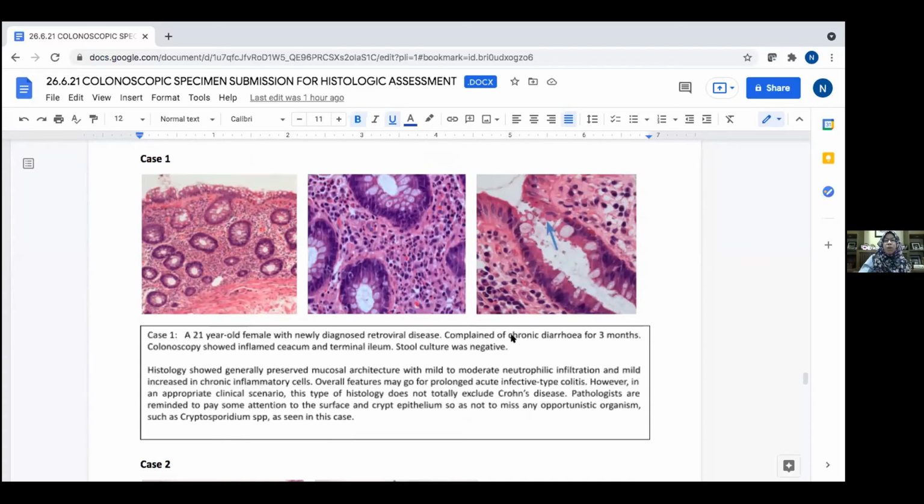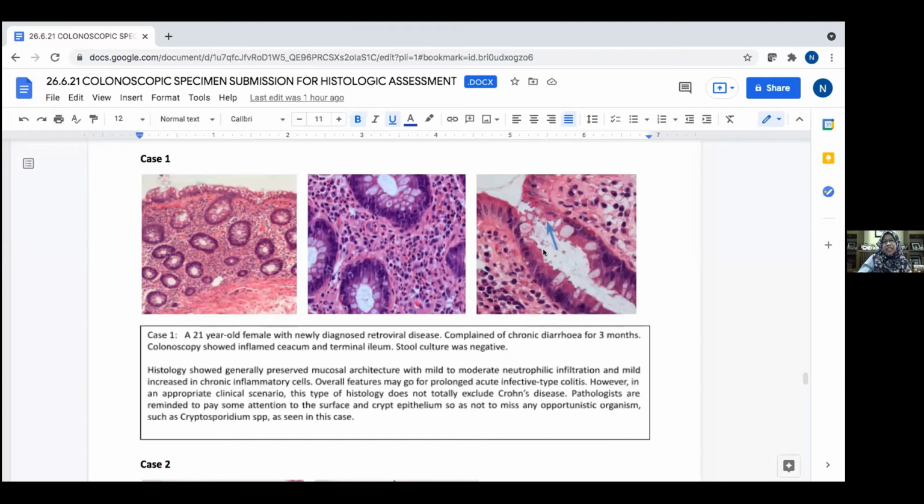For case number 1, there's a female with a 3-month history of chronic diarrhea, but she was recently diagnosed with retroviral disease. On low power, it looks like infective colitis, NOS, but always spend extra time in cases of retroviral disease to make sure that you don't miss any organism, especially opportunistic organisms.